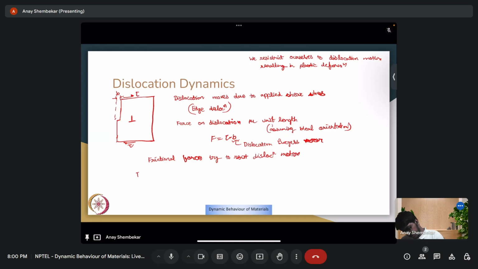So we can write this force per unit length in vector form as F is equal to (sigma dot b) cross L, where L is the vector parallel to the dislocation line.